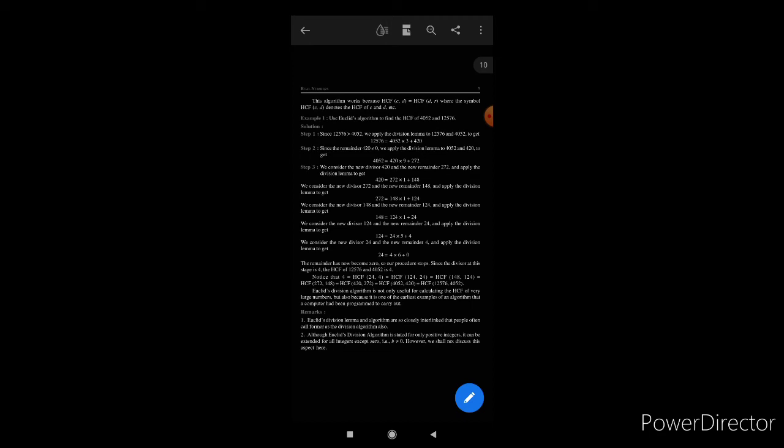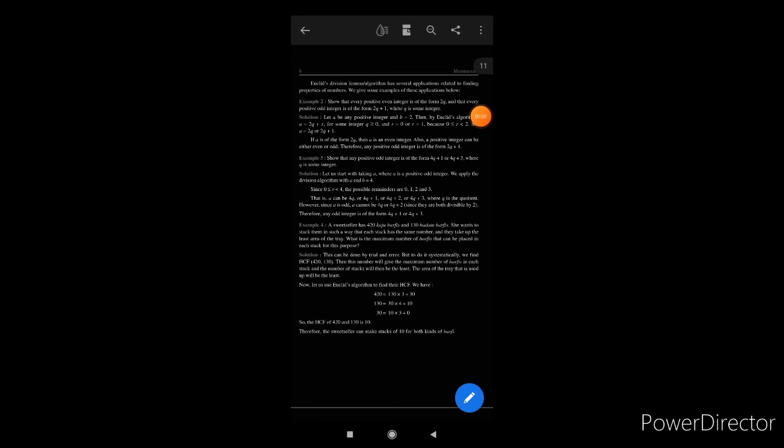Although Euclid's division algorithm is stated for only positive integers, it can be extended for all integers except 0, that is, b is not equal to 0. However, we shall not discuss this aspect here. Euclid's division lemma and algorithm have several applications related to finding properties of numbers. We give some examples of these applications below.